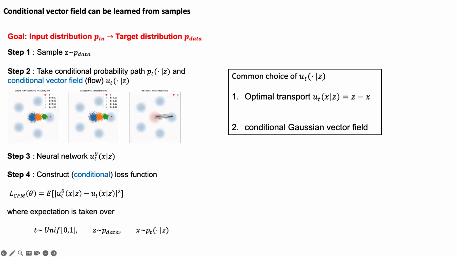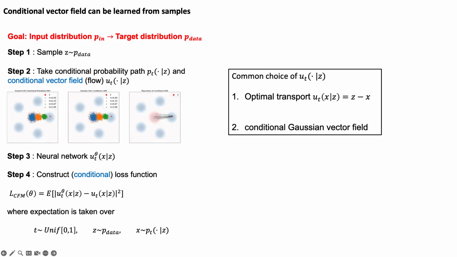We will minimize using this neural network to approximate the conditional vector field. Can we just think that this neural network will be nearly the same as z minus x? Yes. Because we can just think that we have a neural network which is equivalent to the z minus x function. Okay.